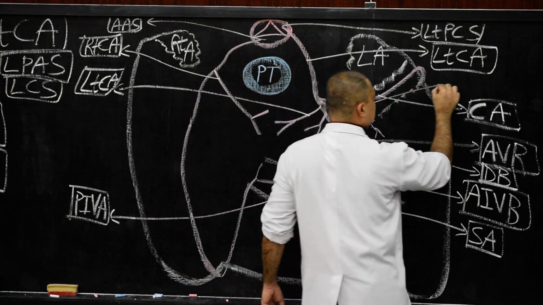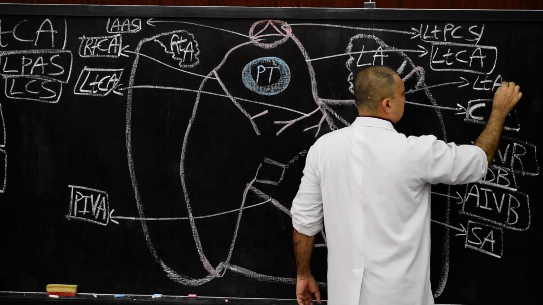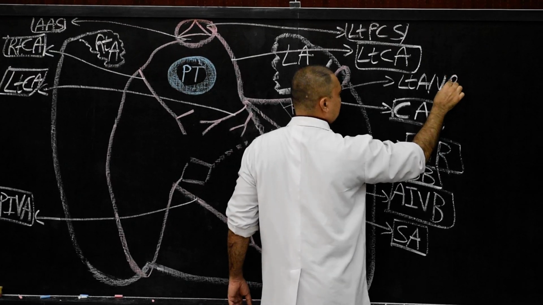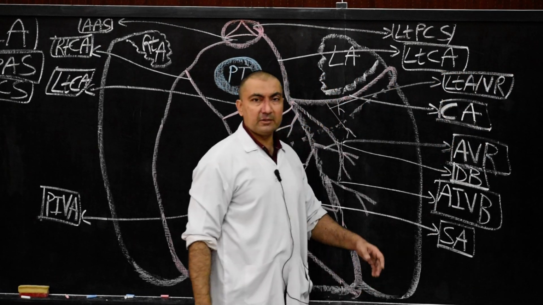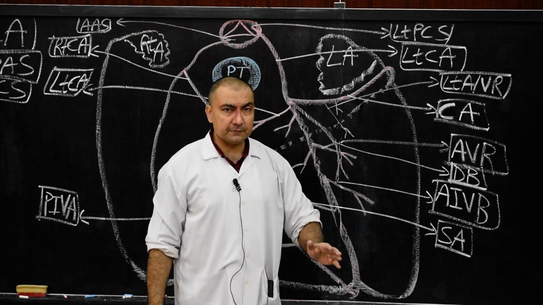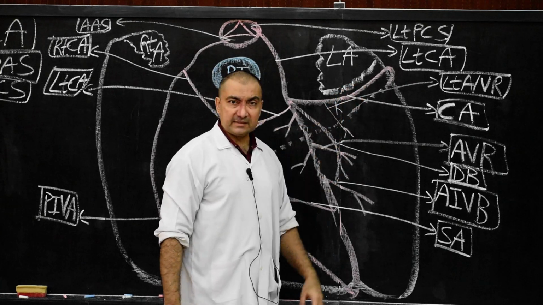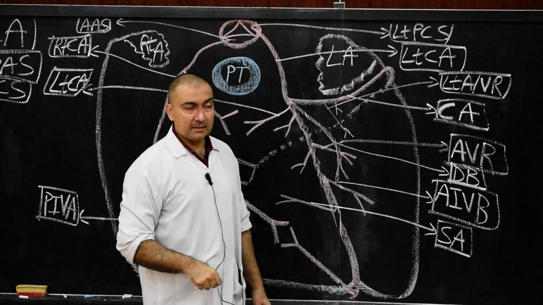And these branches we will term the left atrial and ventricular rami. What will they supply? The left atrial and ventricular rami obviously will supply the left atrium and the left ventricle. That is the first of the branches of the circumflex. Second branch of the circumflex, the left marginal.